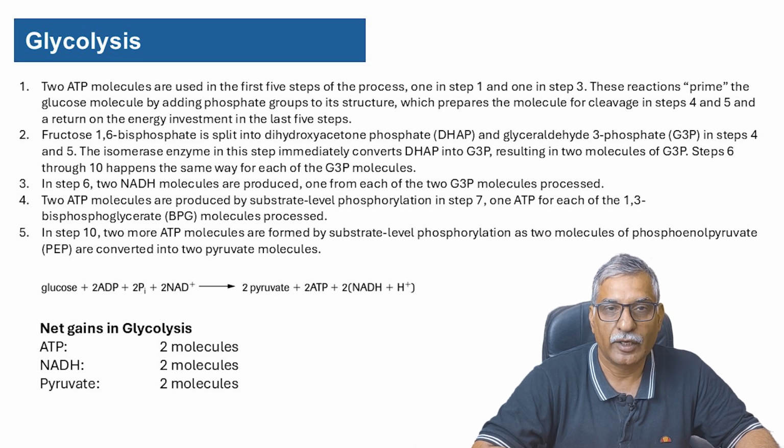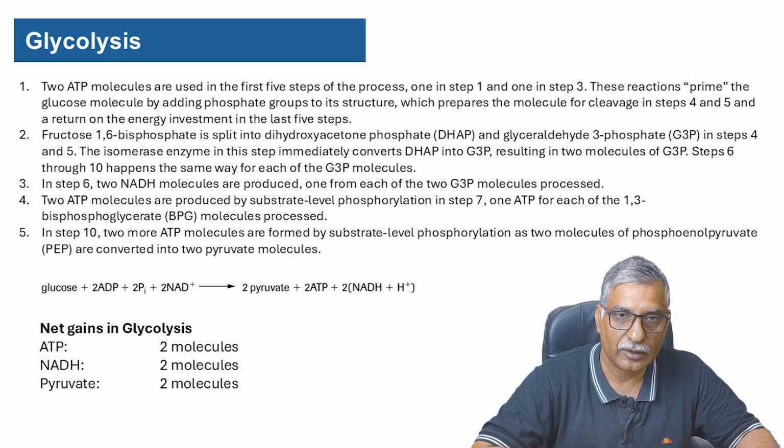Now the fate of the pyruvate will be decided by whether aerobic respiration needs to proceed. In case of aerobic respiration, these pyruvate molecules will be transported to the mitochondria and further processed in the link reaction, also known as pyruvate oxidation. And the products of pyruvate oxidation will be processed during the Krebs cycle.